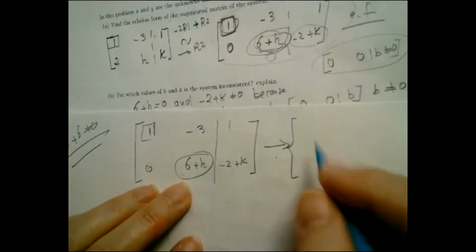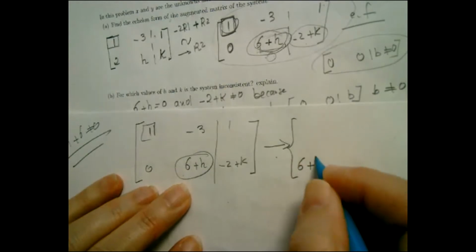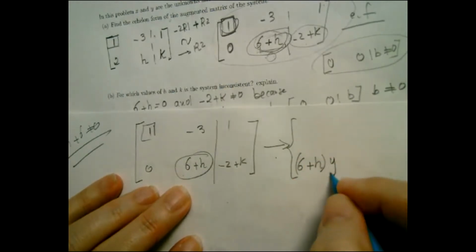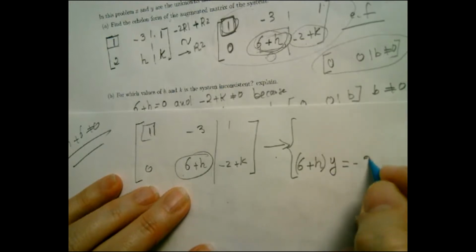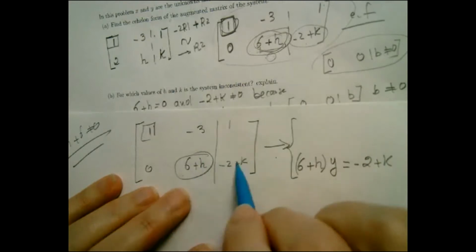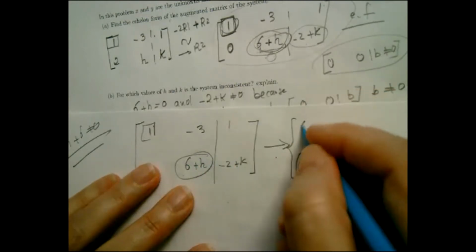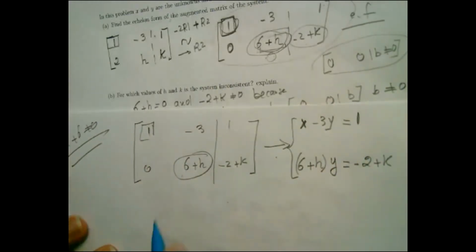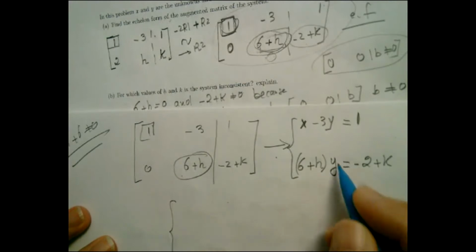Be careful how it reads: 6 plus H times Y equals -2 plus K. Be careful, Y and X are the unknowns. Those are just parameters. My first one would read this equal to 1. So to solve here, I need to do back substitution.